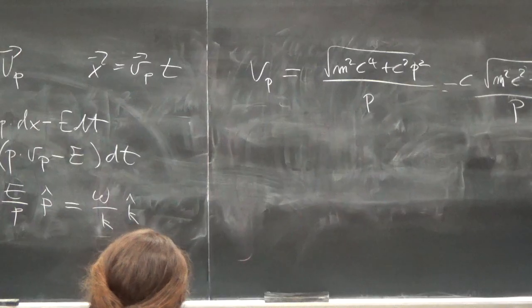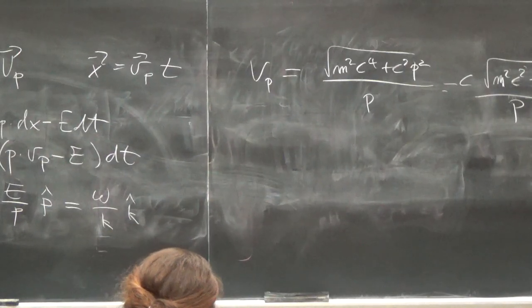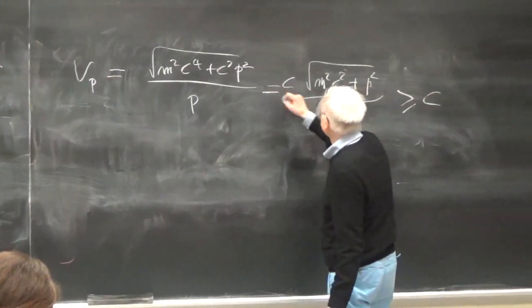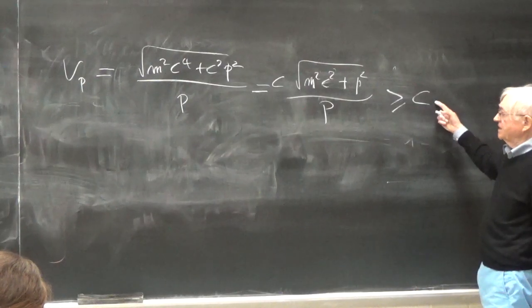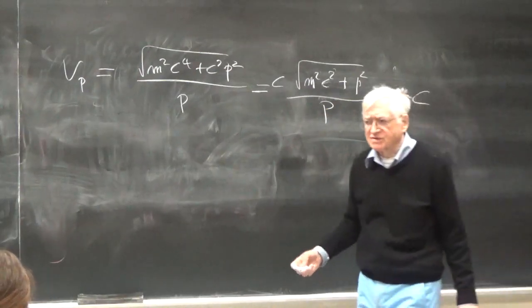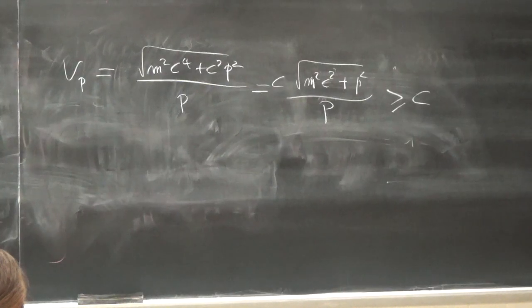And so this is greater than or equal to c. And for a massless particle, that's okay, because it's just equal to c. But for a massive particle, the phase velocity is always greater than c. And so what you see is that the phase velocity is the thing that keeps the phase constant, but it doesn't have anything to do with the actual motion of the particle.